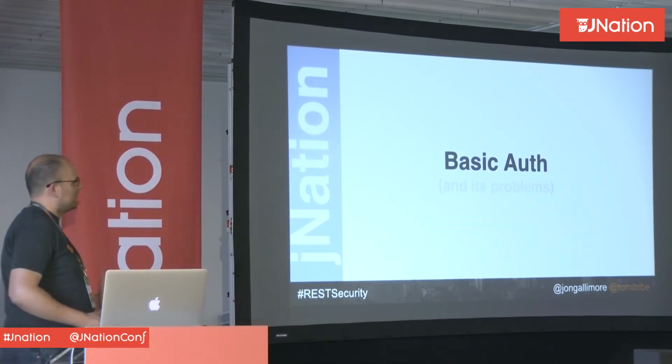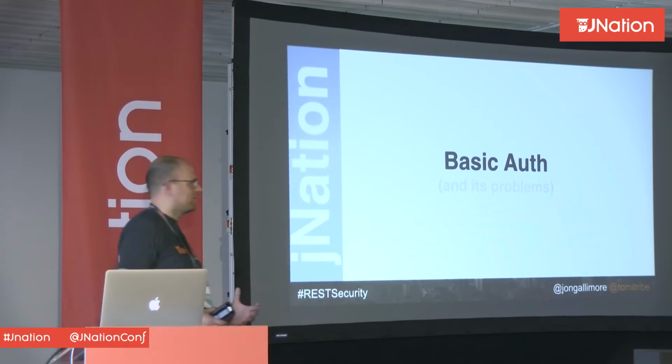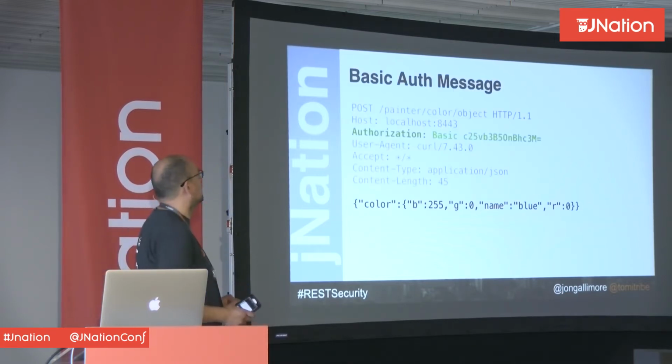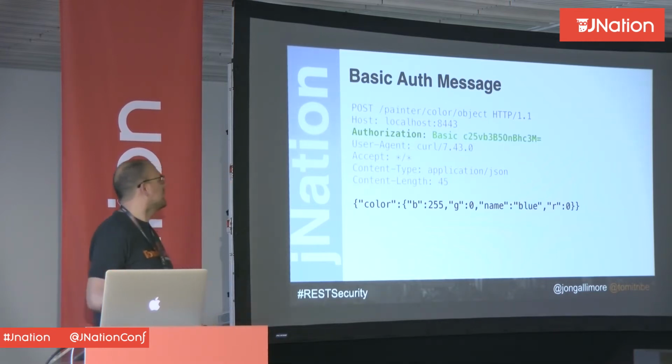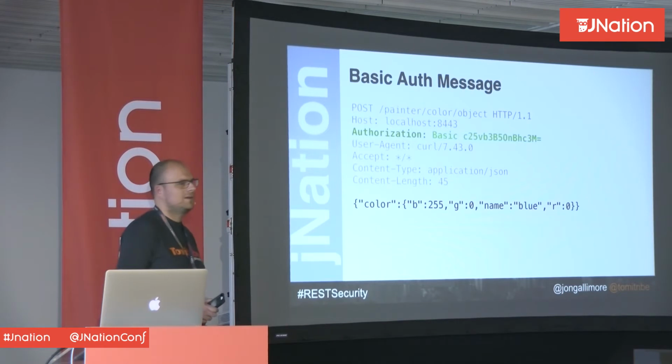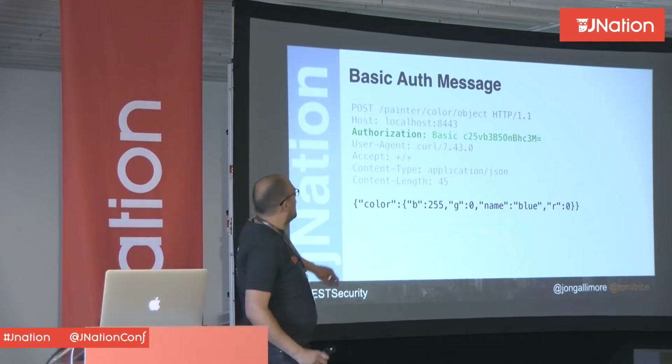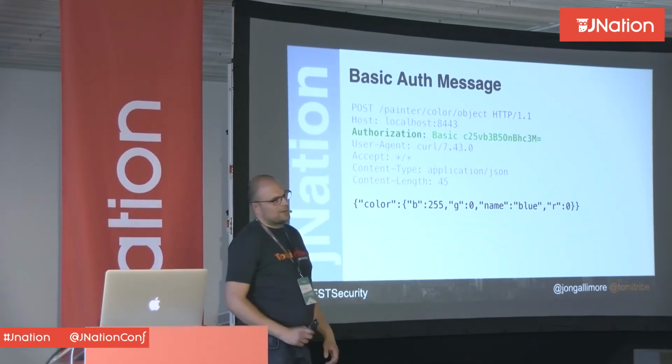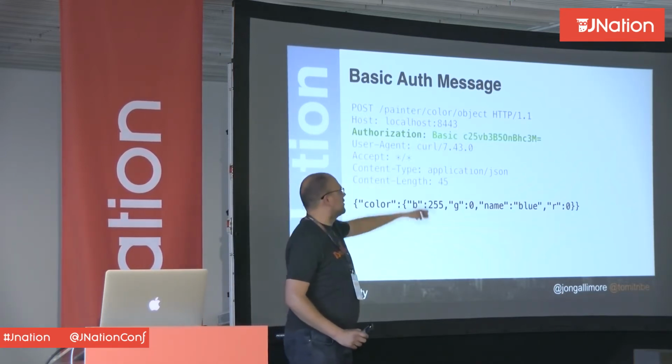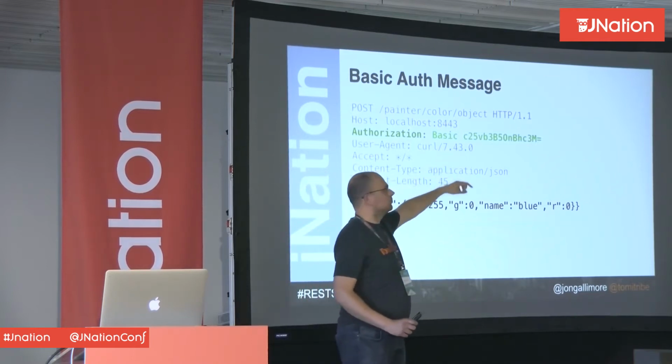So if we take a look at basic auth and how it sits in this architecture. Okay, so for anyone who's not familiar, this is what a basic auth message might look like. So we're doing a fairly straightforward post to a service here, and for every call that we're making through to the service, we're adding this authorization header with a basic scheme.